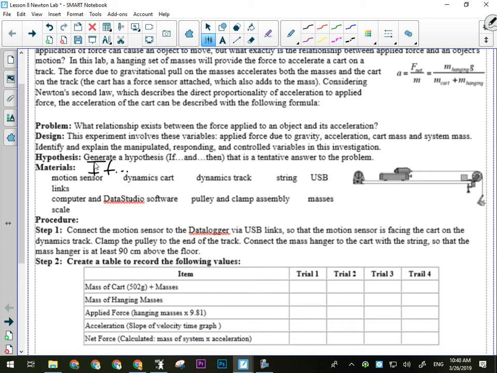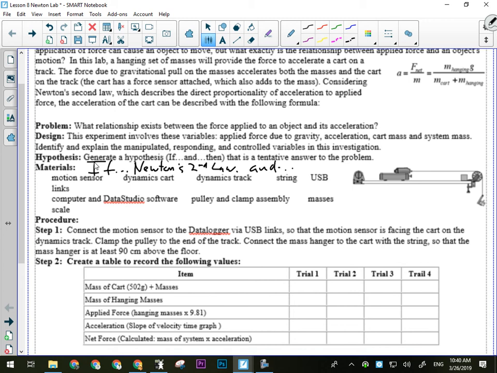If Newton's second law says this, that's what we're trying to confirm. The and part talks about the experiments. The driving force on a system will be increased and the acceleration will be measured, whatever you want to say. That's essentially what we're doing.